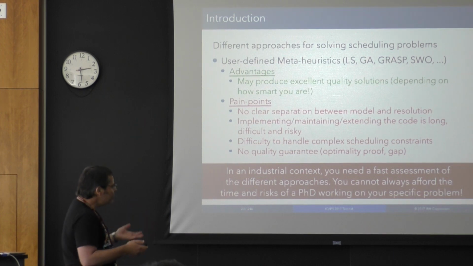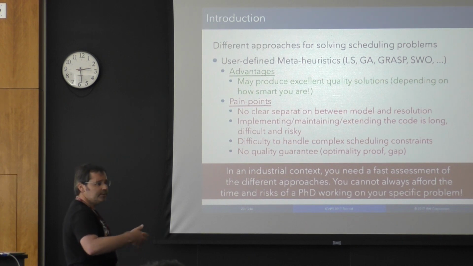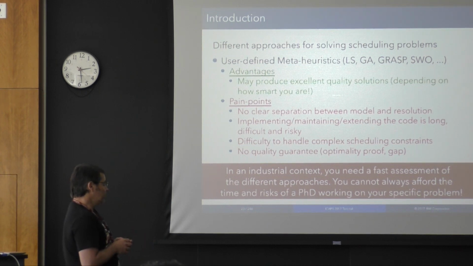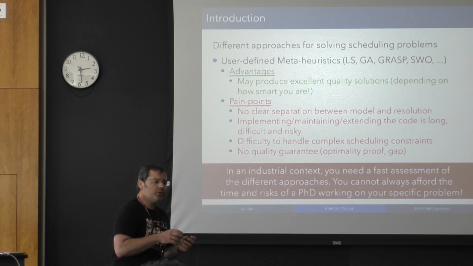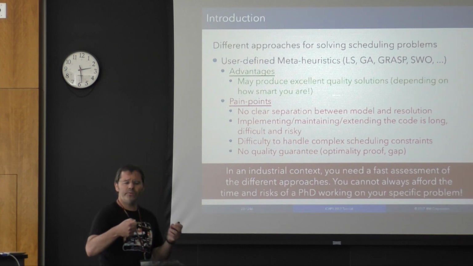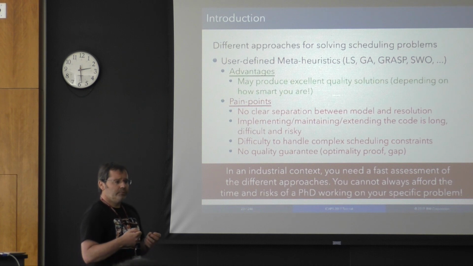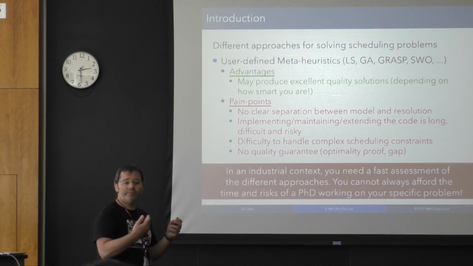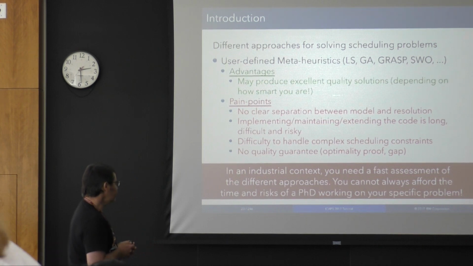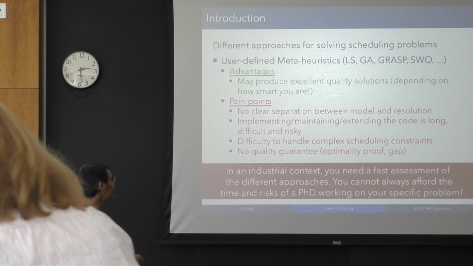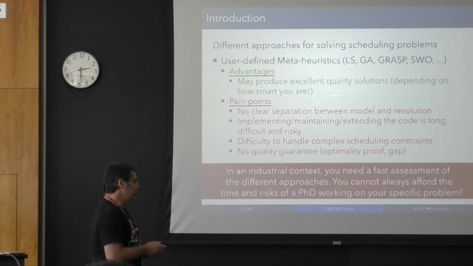You also may have problems maintaining this code, especially when the requirements change. It's also a bit difficult when you have complex constraints, because when you enter into feasibility problems, where even finding a feasible solution is not trivial, you may have difficulty with meta-heuristics. And of course, you have no quality guarantee, at least not directly provided by the meta-heuristic itself.